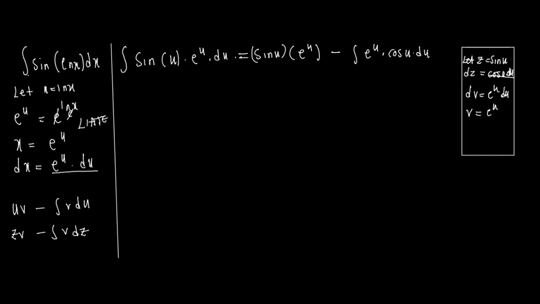So now we see that again we have the integral of e to the u cosine of u. If we leave it like this, we might not get the integral of sine of u e to the u du.